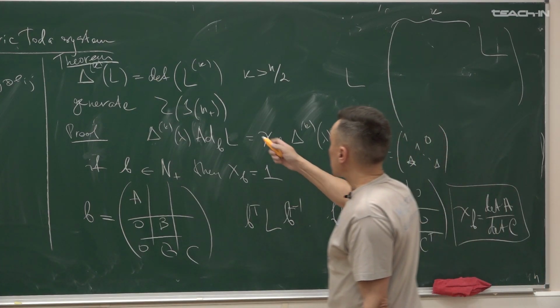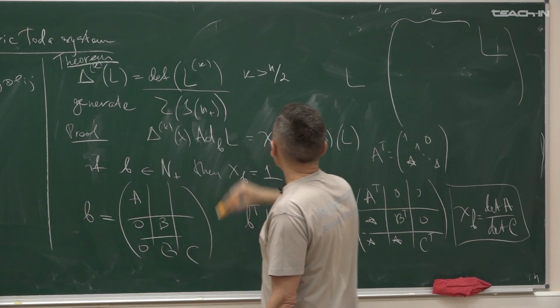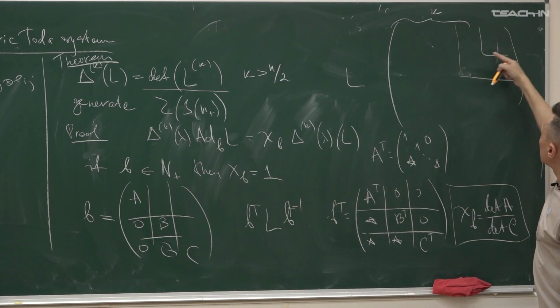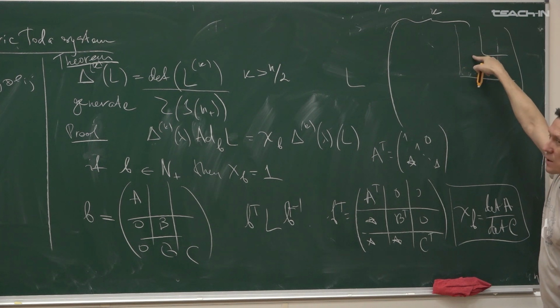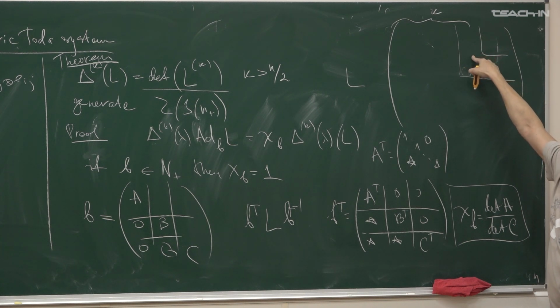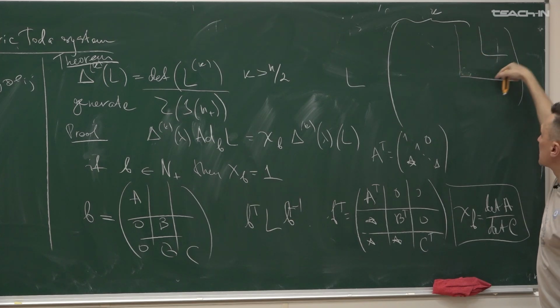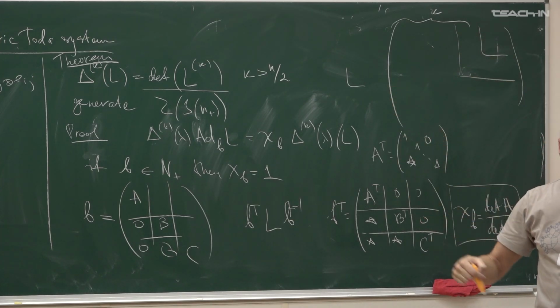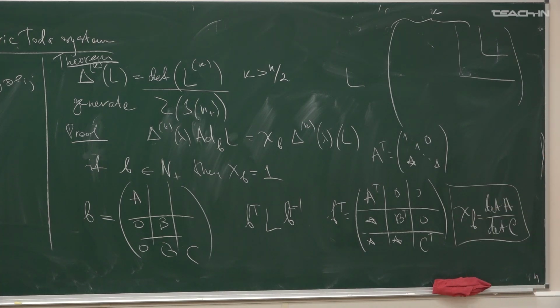And my statement is completely simple: if you take the minors only of size not greater than half the dimension, we get here some polynomial expressions in the nilpotent part of our Lie algebra.